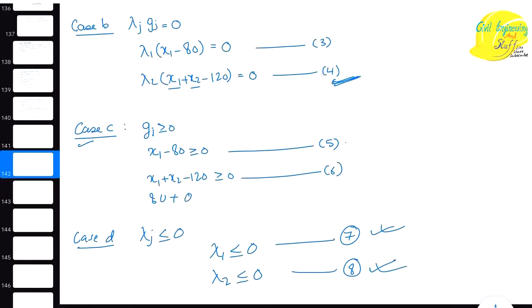That is 0 minus 120, right? It should be greater or equal to 0, but if you see, the value will be negative. It will be minus 40, which means equation number 6 is not being satisfied. So since equation number 6 is not being satisfied, our point does not satisfy these desired conditions.